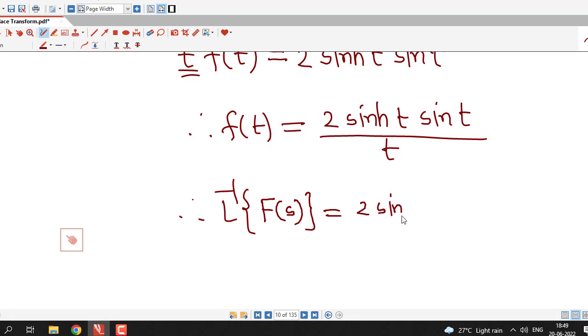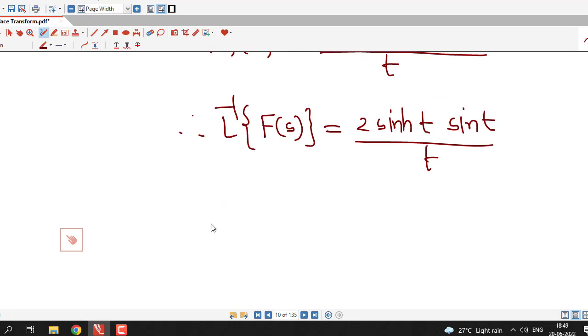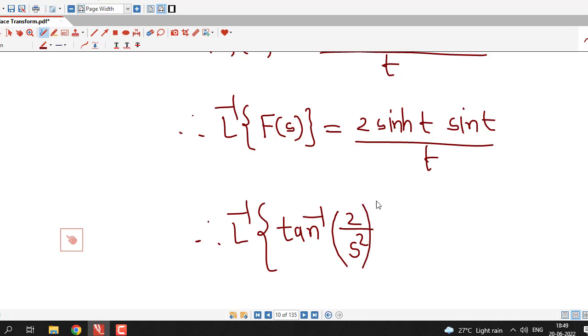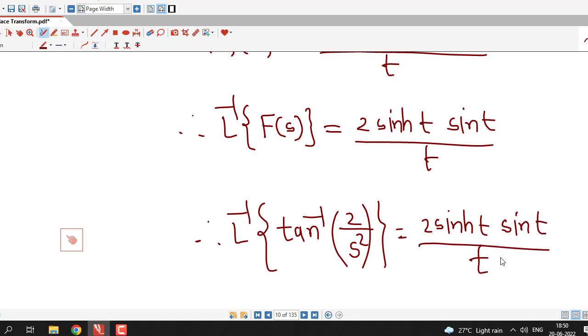That is, the inverse Laplace transform of tan inverse of 2 divided by s square is equal to 2 sin hyperbolic t sin t divided by t.